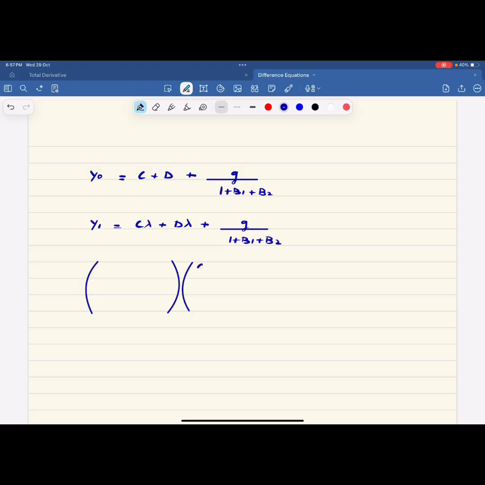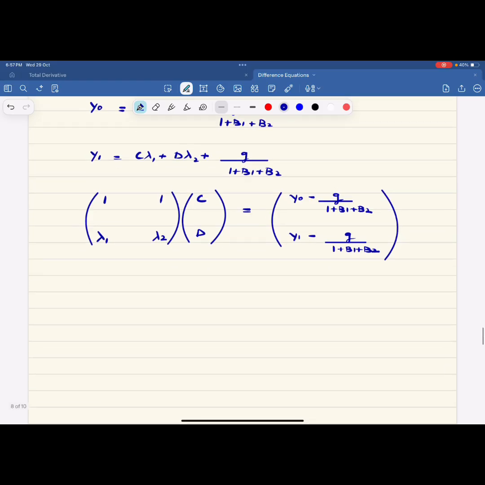The unknown constants are C and D. We have a 1 1 here, and we have lambda 1 lambda 2 here, and over there we have y naught minus G over 1 plus beta 1 plus beta 2, and over here we have y1 minus G over 1 plus beta 1 plus beta 2.